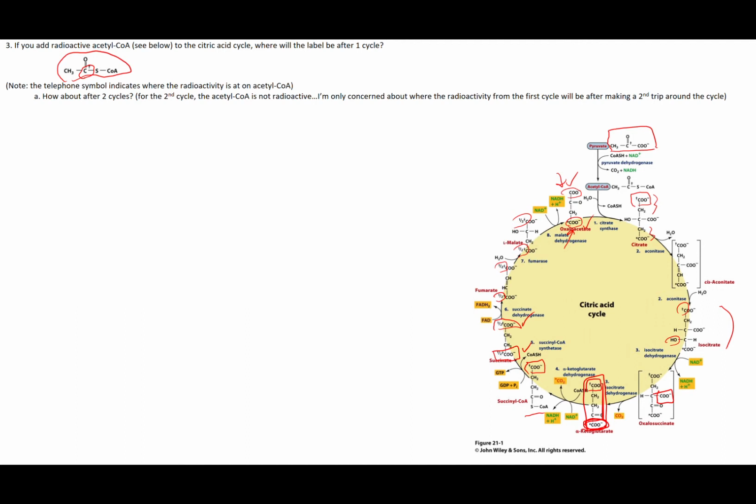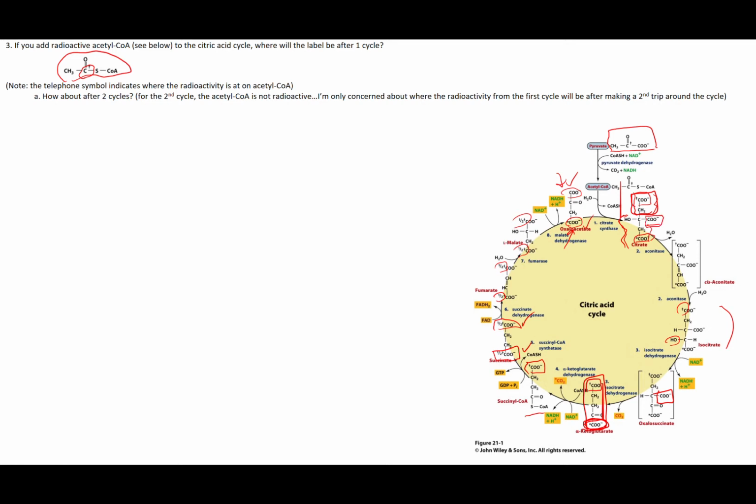Now let's continue on through the second cycle. What happens to the oxaloacetate? We know that this top arm of citrate comes from acetyl-CoA. That means this bottom part right down here is the part that comes from oxaloacetate. So our label is going to start out half on each of these two carboxylates.